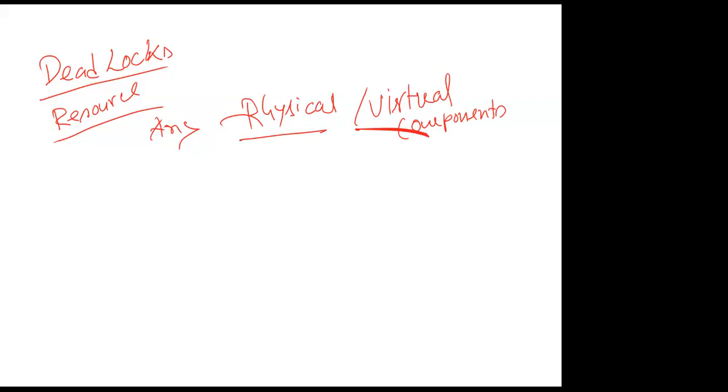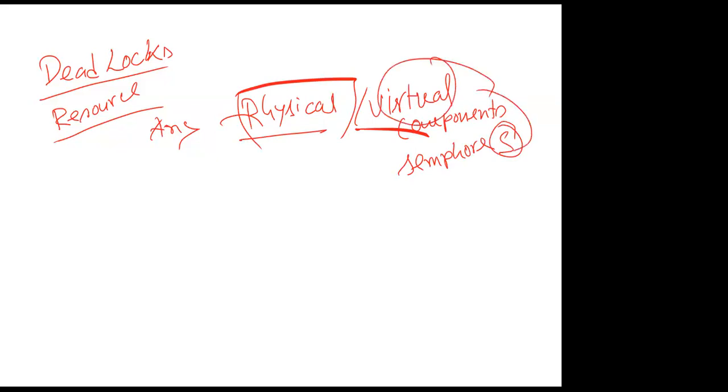Physical components are things like a printer, which is a resource, the CPU is a resource, and your computer's RAM is a resource. Everything is a resource. Among virtual ones, semaphore variables: you cannot see this variable, but it is also a virtual resource.